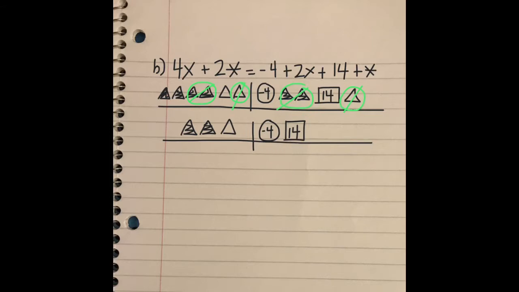So I am going to rewrite 14, and I'm going to decompose that into positive 4 and 10, which allows me to cross off -4 and positive 4.